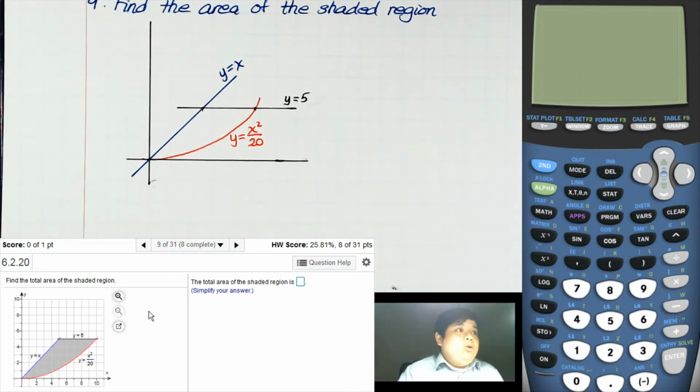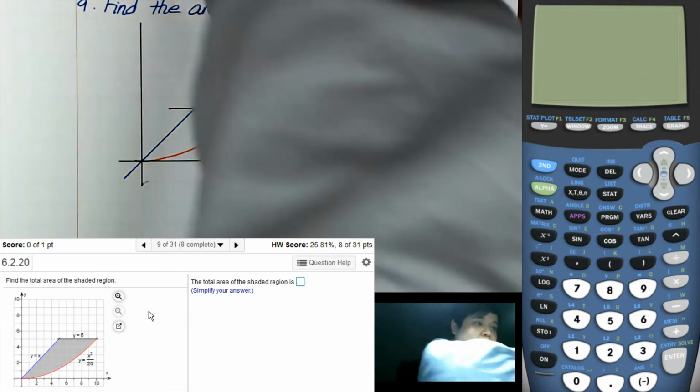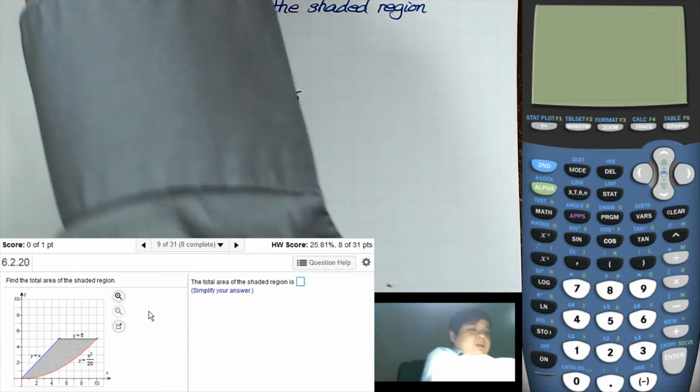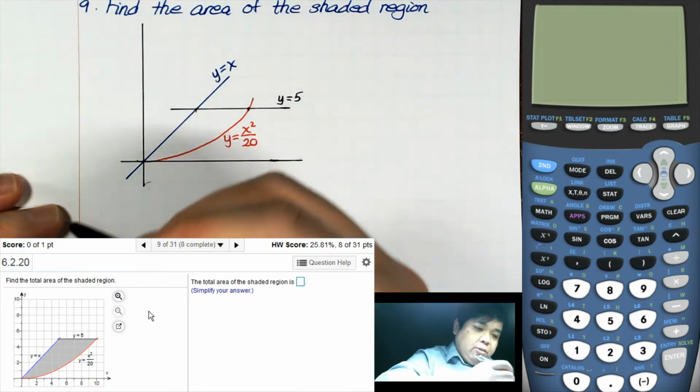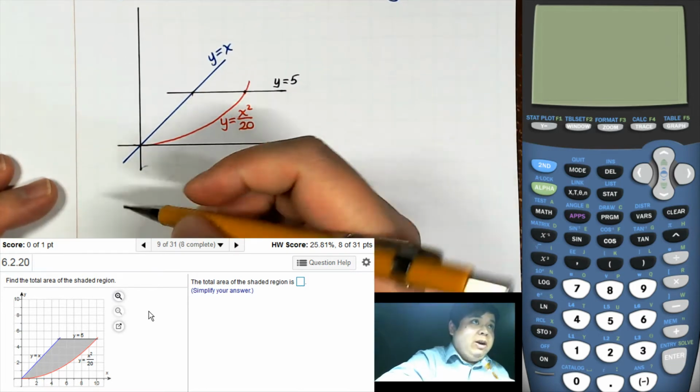Right. So there are two ways to do this problem. First one, let's just give it like this, and we use dx. There's also, we can also use dy. Use dx for this one. So this is the region, right?